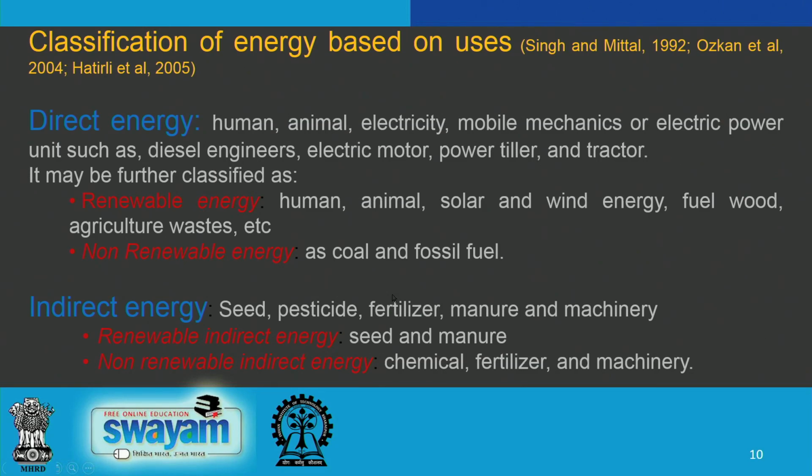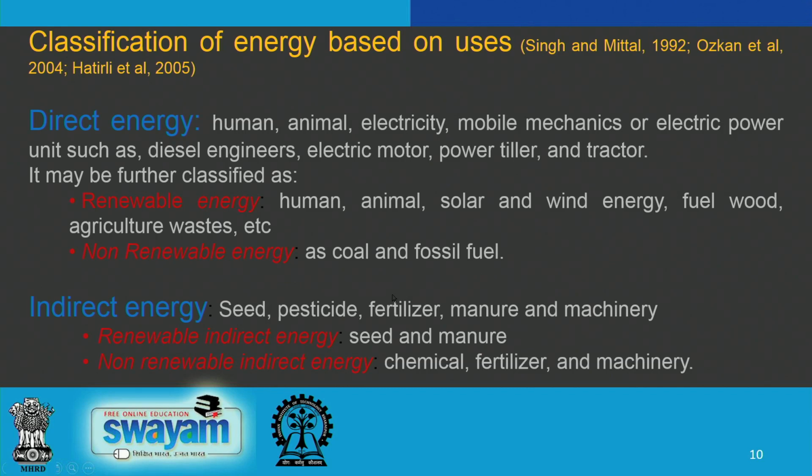Based on the uses, the energy can be further classified as the direct energy, which will include the human, animal, electricity, mobile mechanics or the electric power, such as the diesel engines, electric motor, power tiller and tractor.